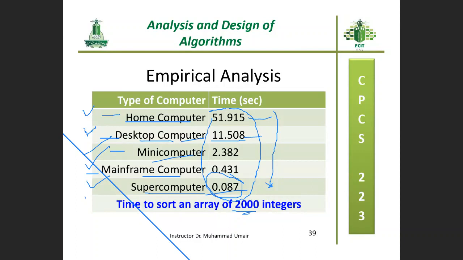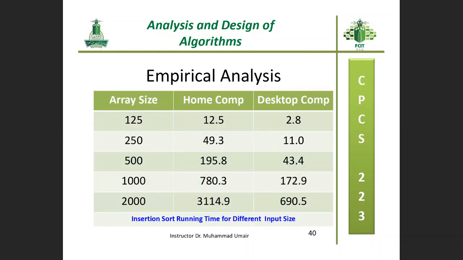We can somehow reduce the experimenting environment, and we only select two different types of hardware and study the variation in their running time with the change of input size.